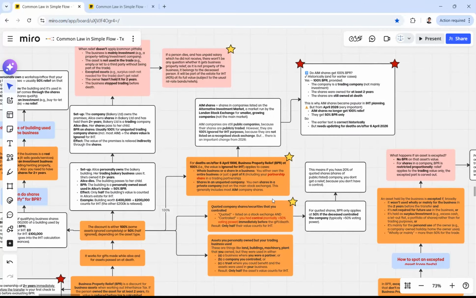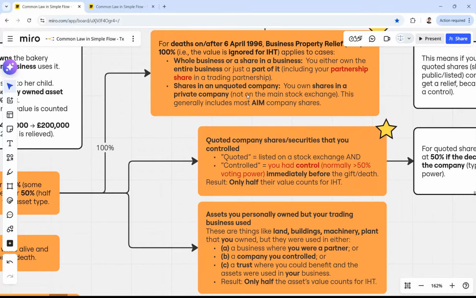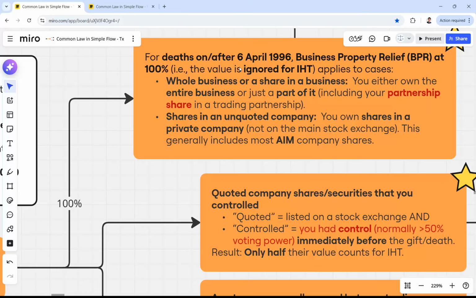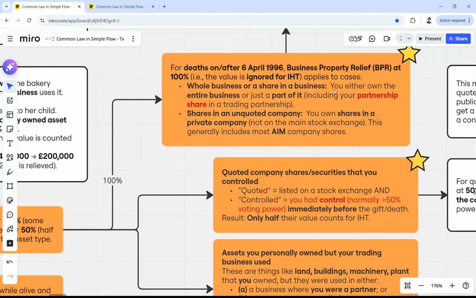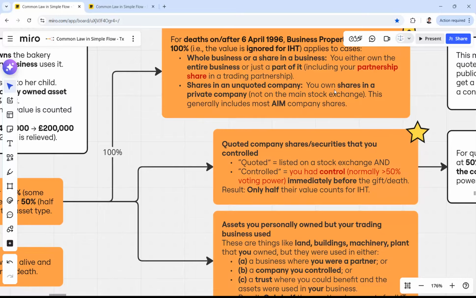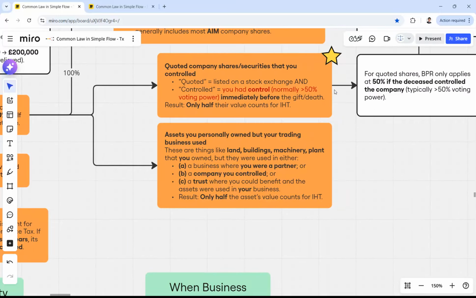So now let's go back, and you understood that for death cases after 6th of April, we have this whole business concept: if the business is trading, you have the whole business, and you have partnership as well. Your partnership also gets 100% discount. So now let's continue in this direction.